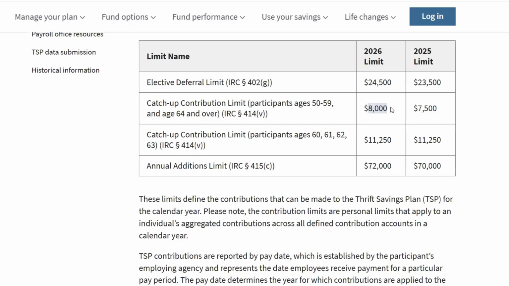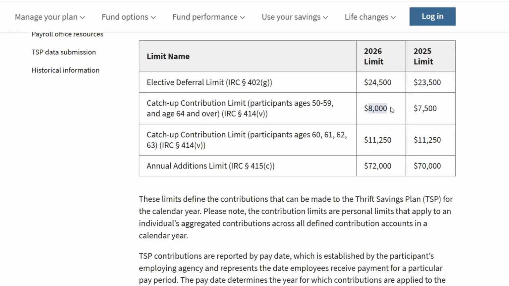It's going to go on the combined total of traditional and Roth contributions. So with that being said, if an employee is contributing more than that $1,250 per pay period, they are over contributing if they are within these age ranges and not eligible for the extra catch-up contribution, okay?